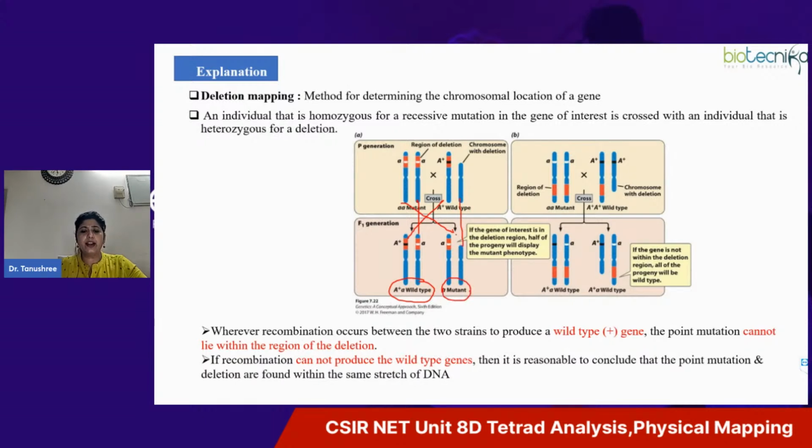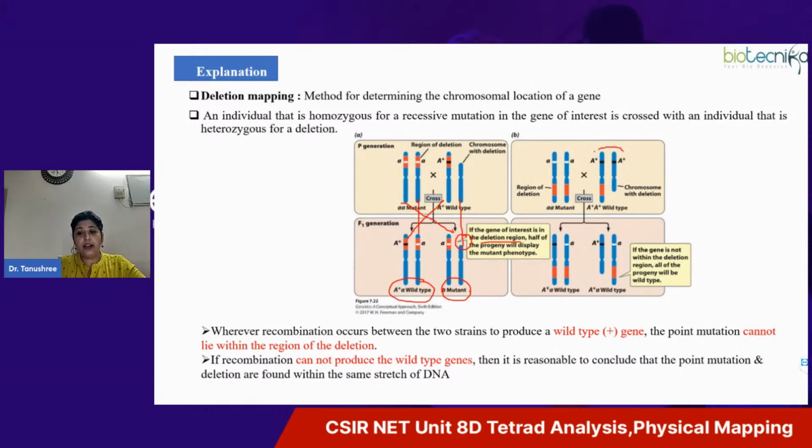Why mutant? Because here no wild type allele is there. So always remember, if in a crossing experiment, in the F1 generation, you get one wild type and another mutant, that means your gene of interest is in the deletion region. In that case, half of the progeny will display the mutant phenotype.